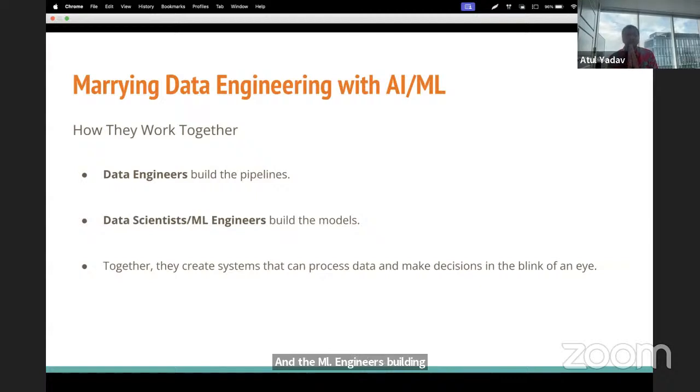Okay, so now one question here before I go deeper into it. What is the difference between the data scientists and the ML engineers?